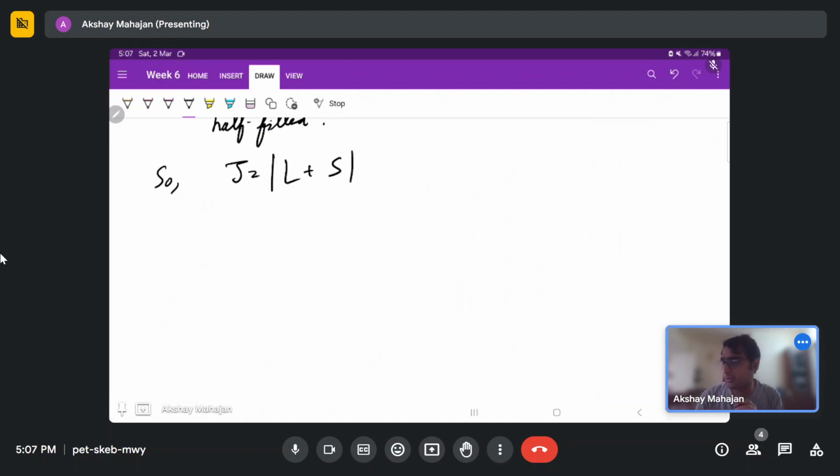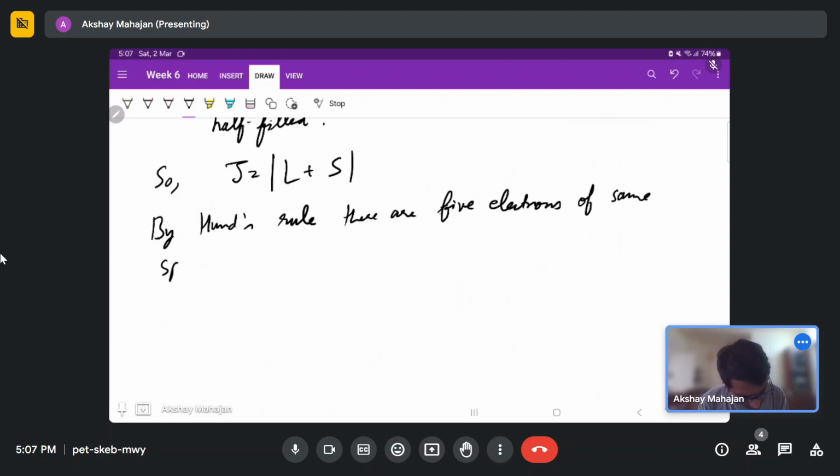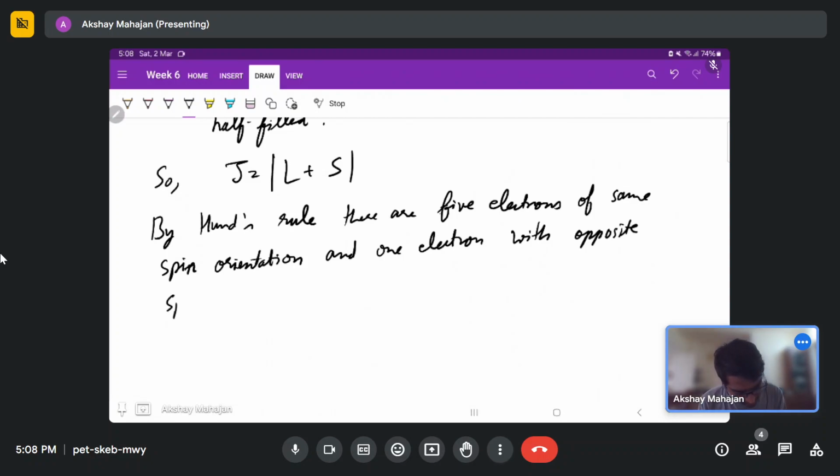You can take the mod of L as well. Now by Hund's rule, there are 5 electrons of the same spin orientation and 1 electron with opposite spin orientation.